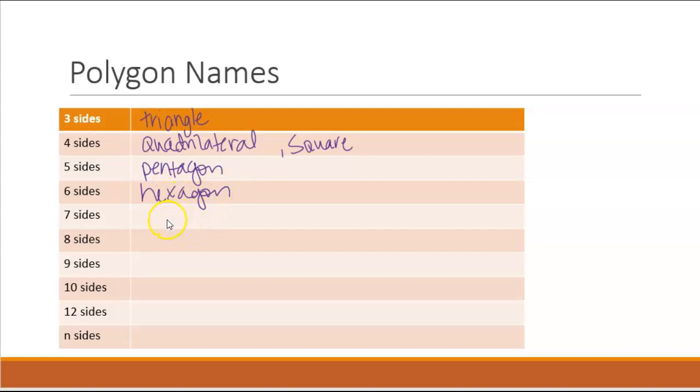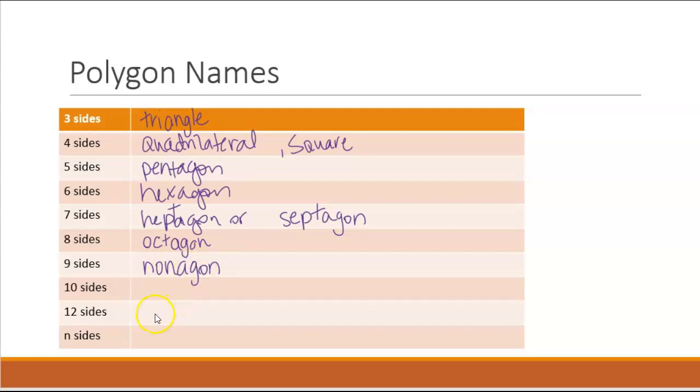A 7-sided shape, depends who you ask, but it could be a heptagon, I gotta spell this right, heptagon, or sometimes you see it as septagon. An 8-sided shape, we know that is an octagon, like an octopus. A 9-sided shape is a nonagon.